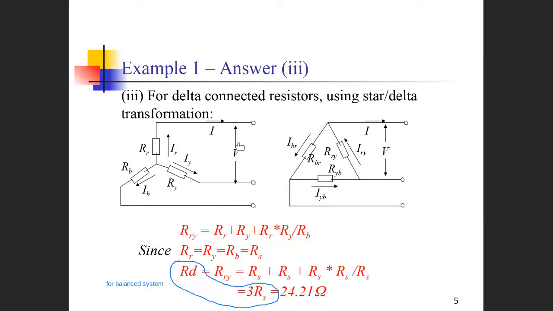Okay, star per phase values, delta per phase values, the 3 times difference. That's the key issue we would like to tell you in example 1. The calculation in example 1 is very simple because we would like to emphasize the 3-phase balanced system concepts rather than the calculations. That's example 1.